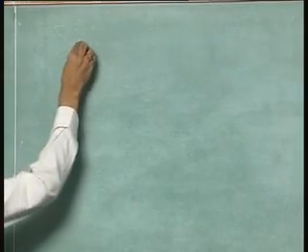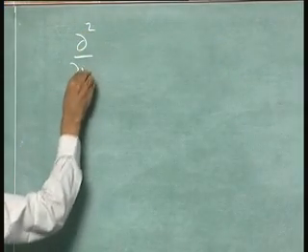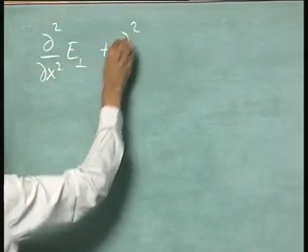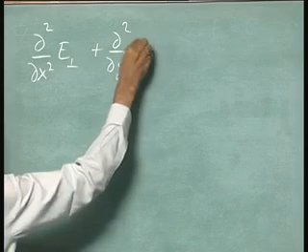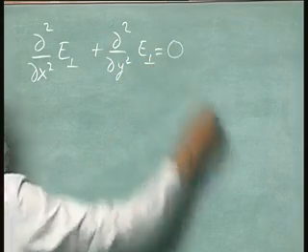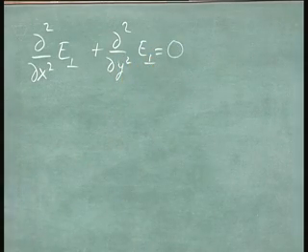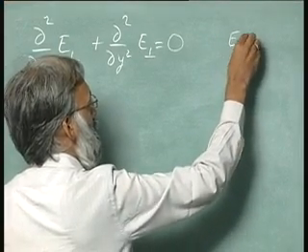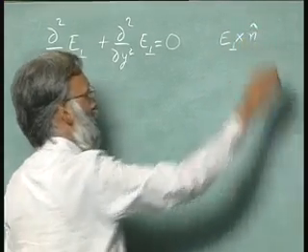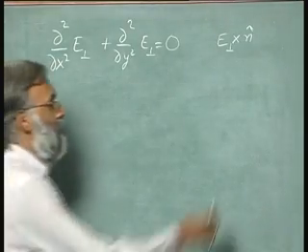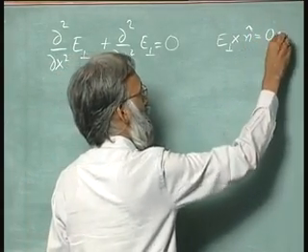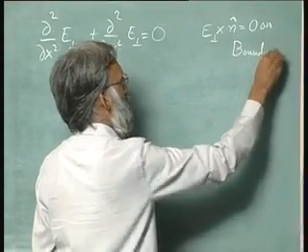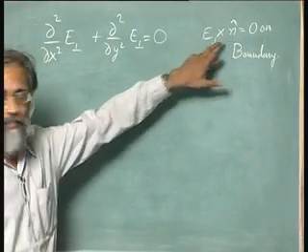So, I want ∂²/∂x² of my E perp plus ∂²/∂y² of E perp is equal to 0, and E perp cross the normal to the surface is equal to 0 on the boundary, because the tangential component must be 0.